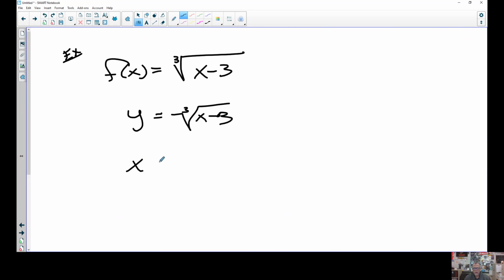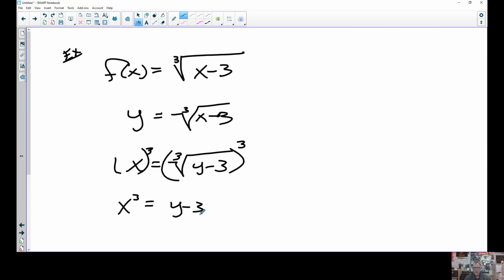Then we switch x's and y's. x equals the cube root of y minus 3. Now, to solve for y, I've got to get rid of this cube root by cubing this side, so I cube this side. And I get x cubed equals y minus 3. Add 3, I get x cubed plus 3 equals y. And I have my function.